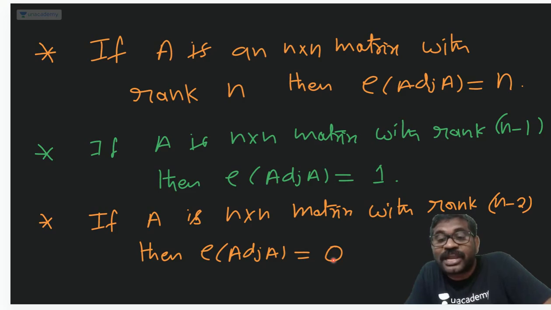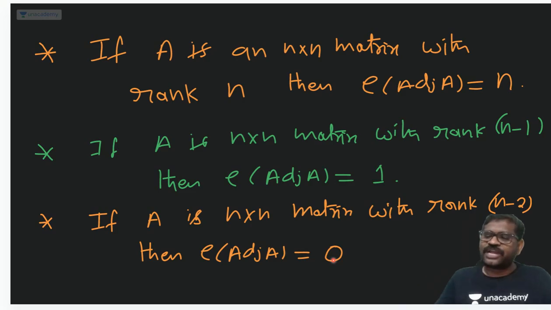Sir, suppose rank of A is n minus 3, then rank of adjoint A is 0 only. Okay, rank can never be negative. In the case of A being n cross n matrix with rank n minus 2 or less, rank of adjoint A would be 0. Okay, right.